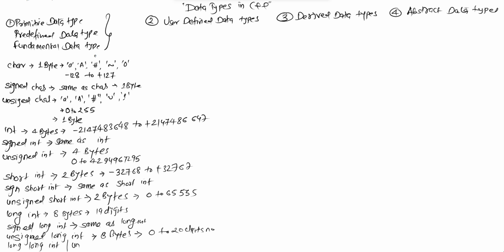Signed I'm not sure, but unsigned integer also we can have. Unsigned long int. Now we don't have enough space here, so I'll just put a line here. How many data types are left? There are a few more.